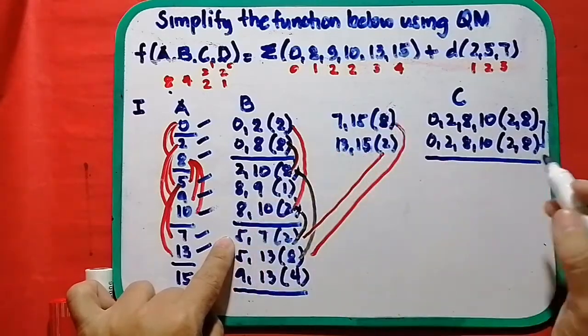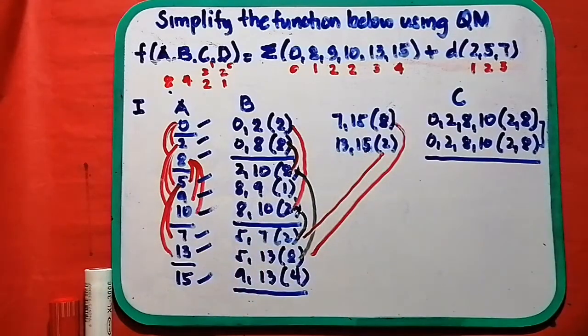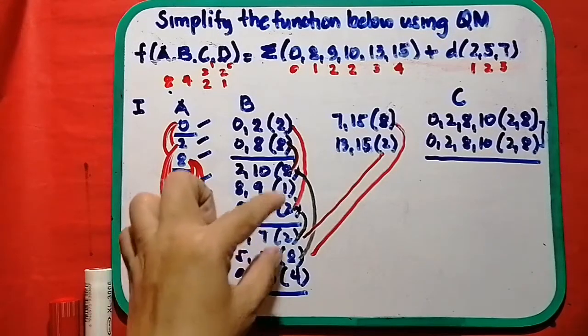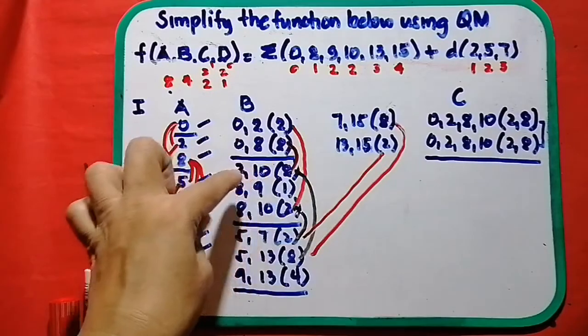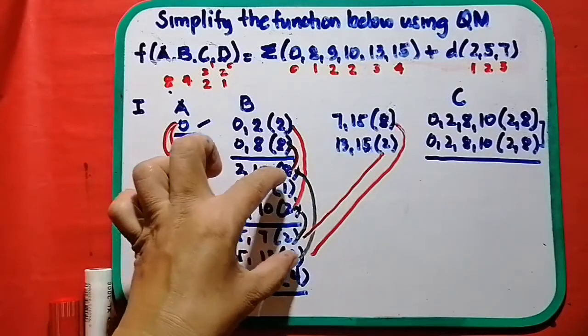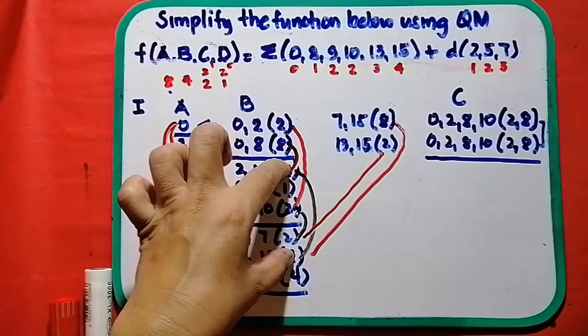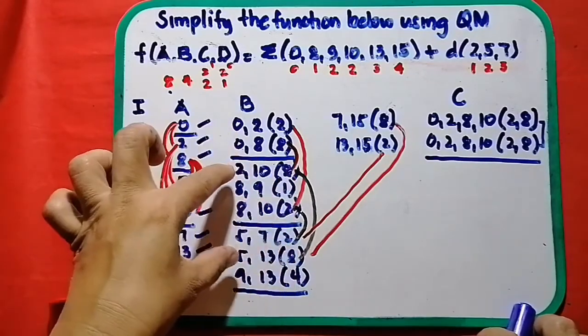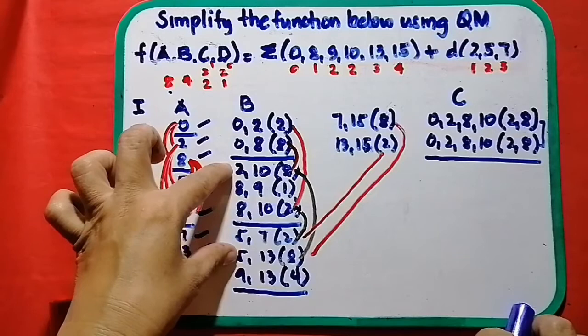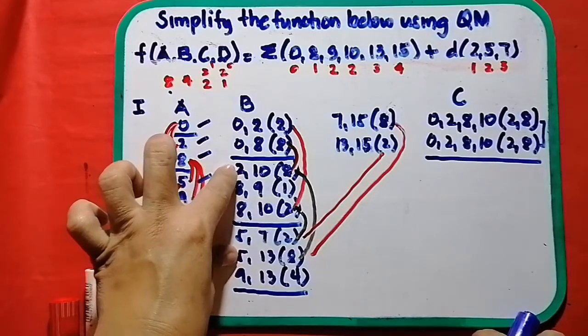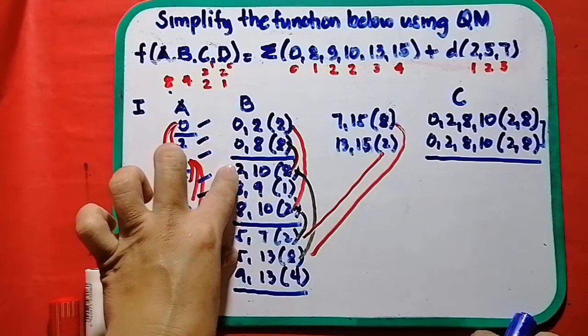5 minus 13 is 8. Now, why is it? You proceed in here. You will notice 8 and 8 here. Supposedly, you're going to compare the two, but you will notice 2 minus 5 is 3. 3 is not in powers of 2.